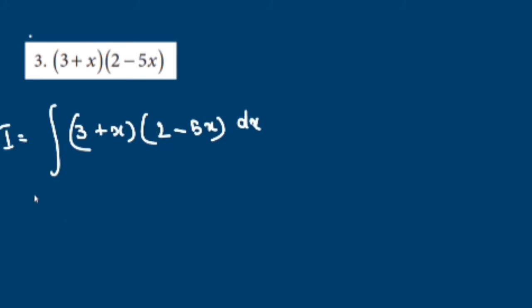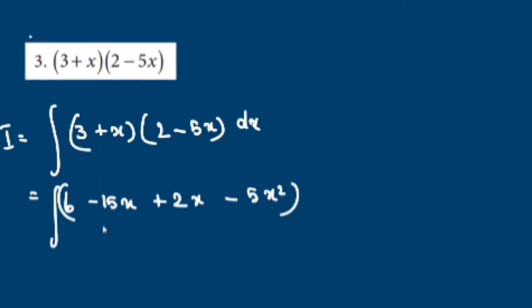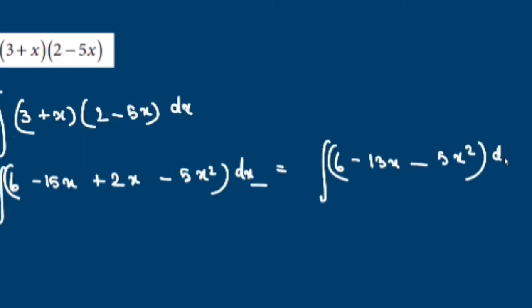So I is equal to, multiply 3 into 2 is 6, then 3 into minus 5x is minus 15x, plus 2x, 2 into x, minus 5x square, into dx. So this is equal to integral of 6 minus 13x minus 5x square dx.